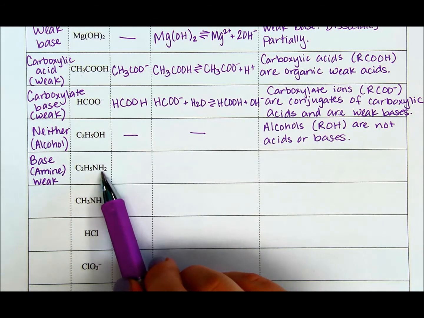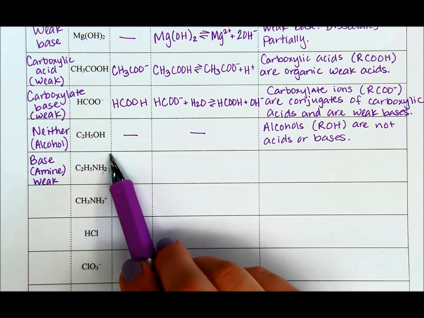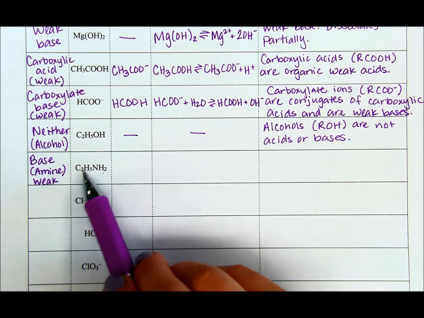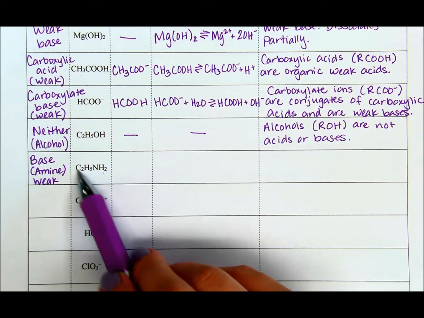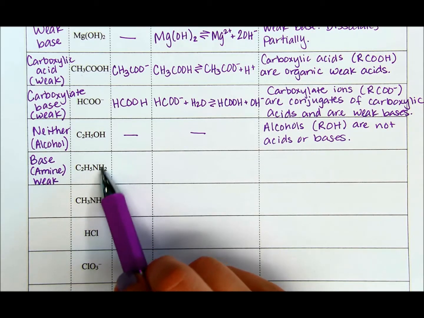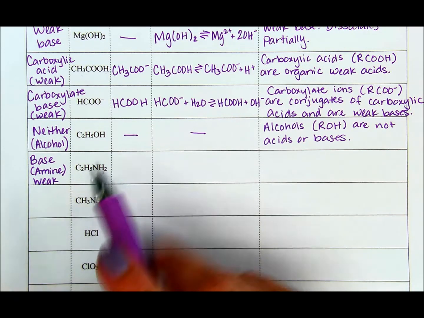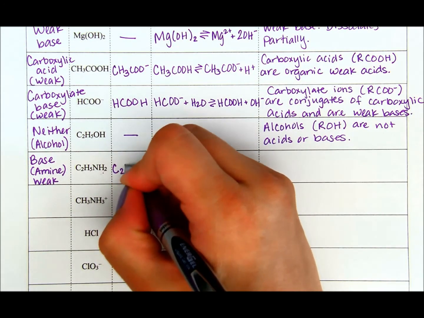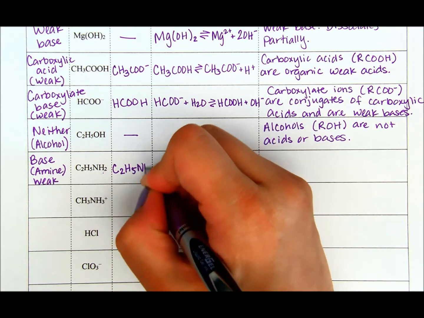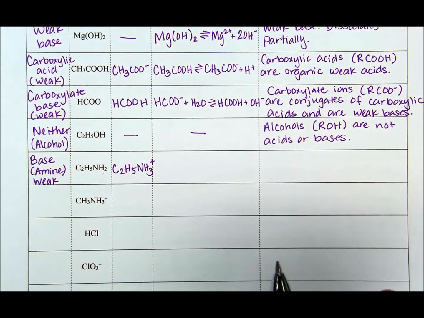When you have an amine, the hydrogen ion is going to attach itself right here to the amine group, not to this covalently bound section here, because it's non-metal covalent, but over here, you're going to attach to the NH2. So since this is a base, it's going to attract a hydrogen ion. So you have C2H5NH3 plus.